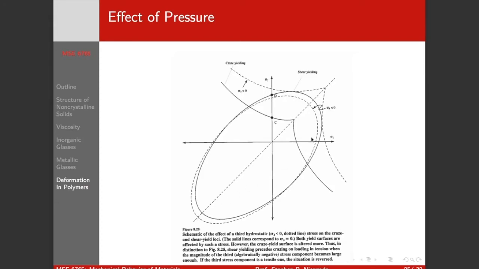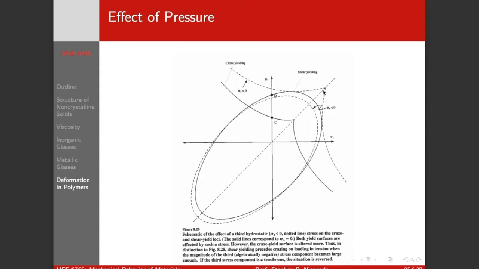The pressure has a greater effect on craze yielding, right? So if we add a triaxial stress state, if we add a negative sigma 3 component, we're really opening up a lot more free volume, and we can craze much easier.